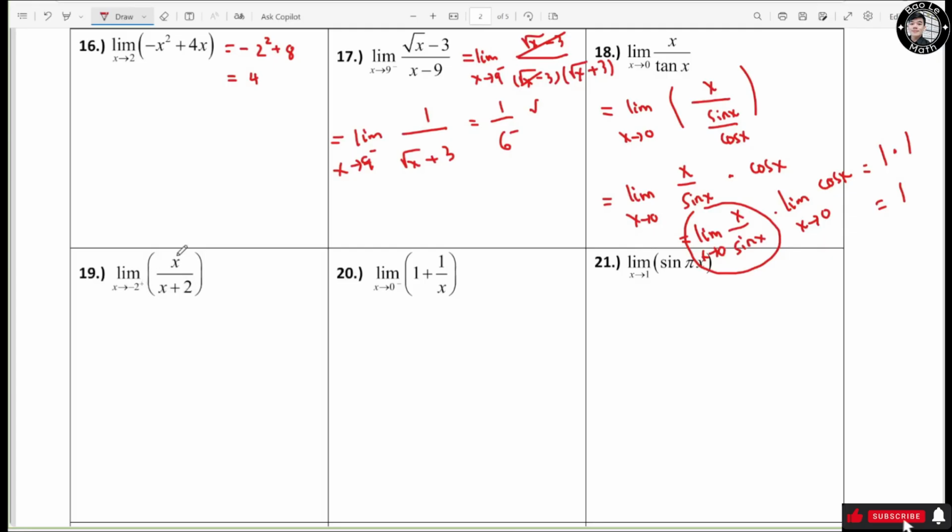Substitute negative 2 plus for x, so it's going to be negative 2 plus over negative 2 plus 2, right? So the top should be negative 2 plus, the bottom should be 0 plus, right? And the answer should be negative infinity, or does not exist.